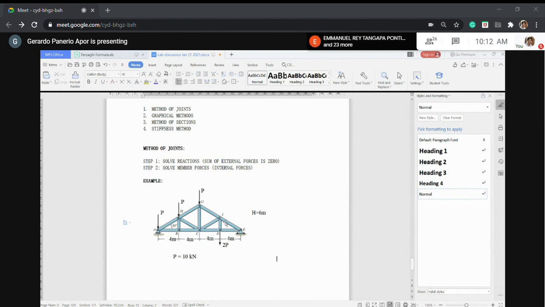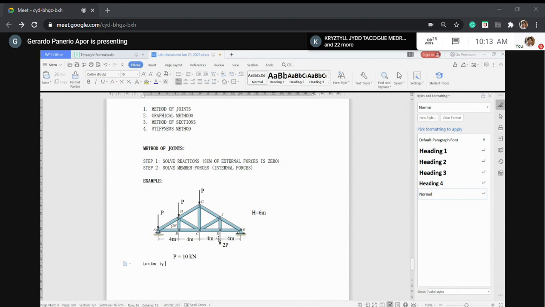In other words, the horizontal length of each member, let us say LX, is 4 meters, and we have LY.